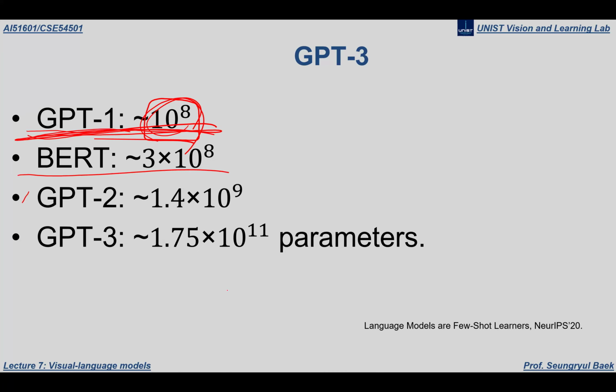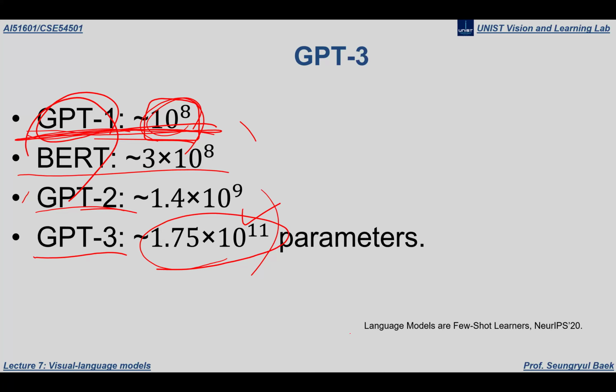But later, OpenAI bought more GPUs and trained larger architectures, and they published GPT-2 and GPT-3. GPT-3 has maybe 1,000 times more parameters than GPT-1, and of course they have better accuracy compared to the previous ones.